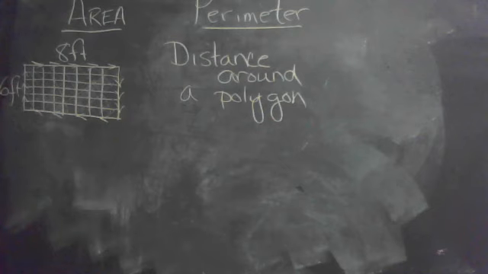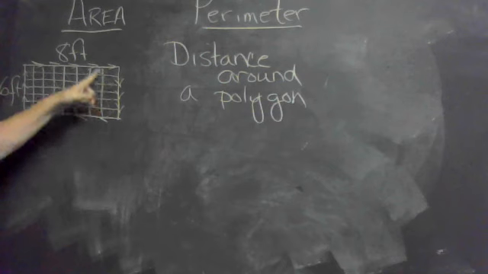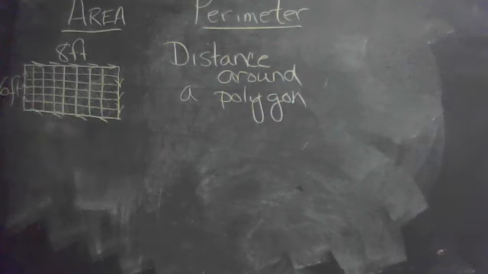Now, if you look at it, our area is in square units. Square units. So, if you count all of these, how many square units are you going to get? Did you count them yet? Yes. 48. Is it 8 times 6? It is. But if you counted these, you would actually get the 48, okay?